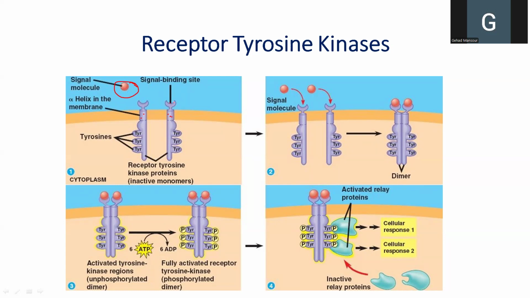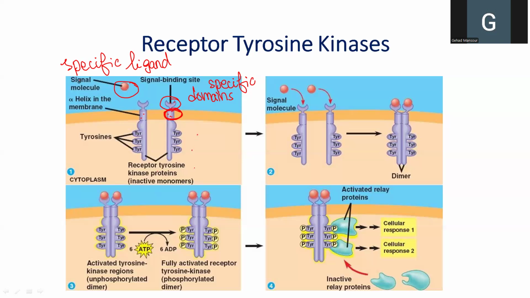And these are the binding sites, or the specific domains, where the specific ligand binds. You can say here, instead of signaling molecule, the specific ligand. And then we have an extracellular part, which is the domain, a transmembrane part, which is an alpha helix, and a cytoplasmic part.